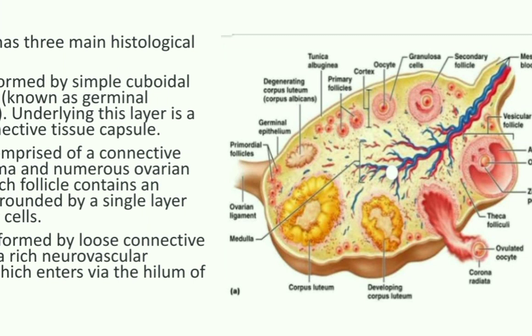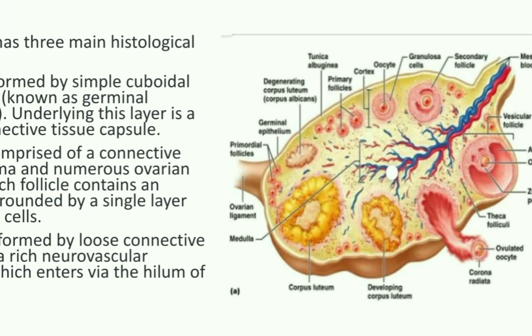In intrauterine life, around 6 million primordial follicles are formed in the ovaries, but by the time of birth, the number reduces to about 1 million and the rest degenerate. By the time of puberty, the number of follicles further reduces to around 3 to 4 lakhs.